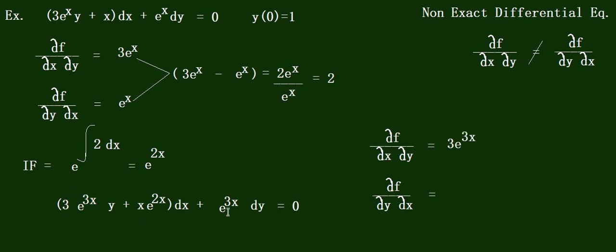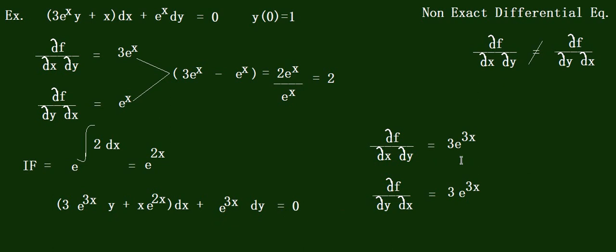And for the next term we need to consider the y as a constant, but we do not have any constant term here. We need to differentiate the x partially, so we have 3x in the power exponent, so we will take 3 outside and write e power 3x. So it will definitely give you 3 into e power 3x. So now you can see that these two are equal, it means the differential equation is exact now.